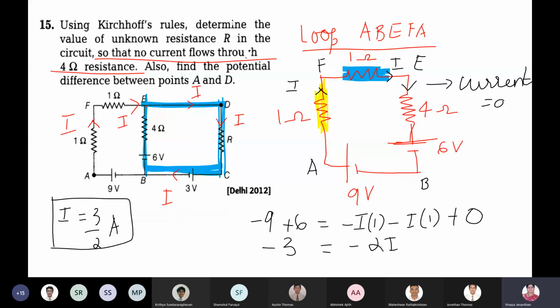Determine the value of unknown resistance R in the circuit so that.